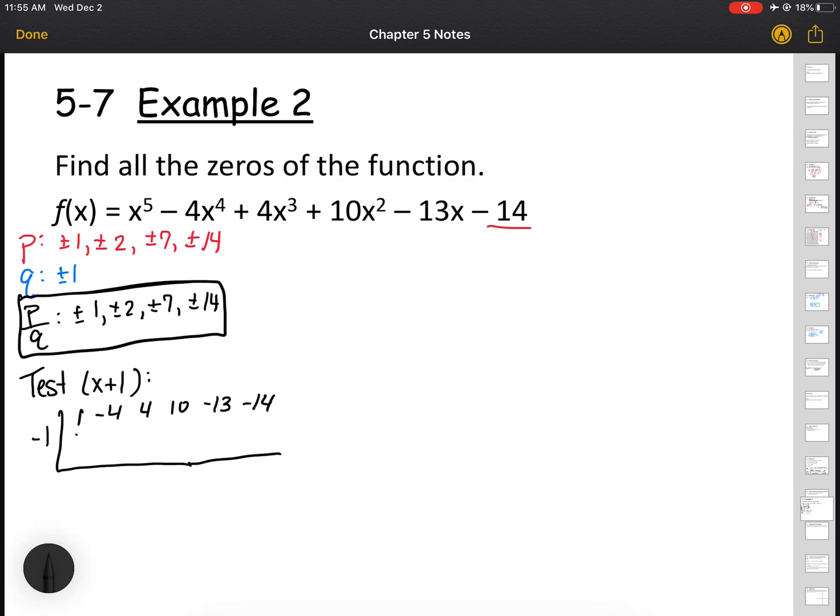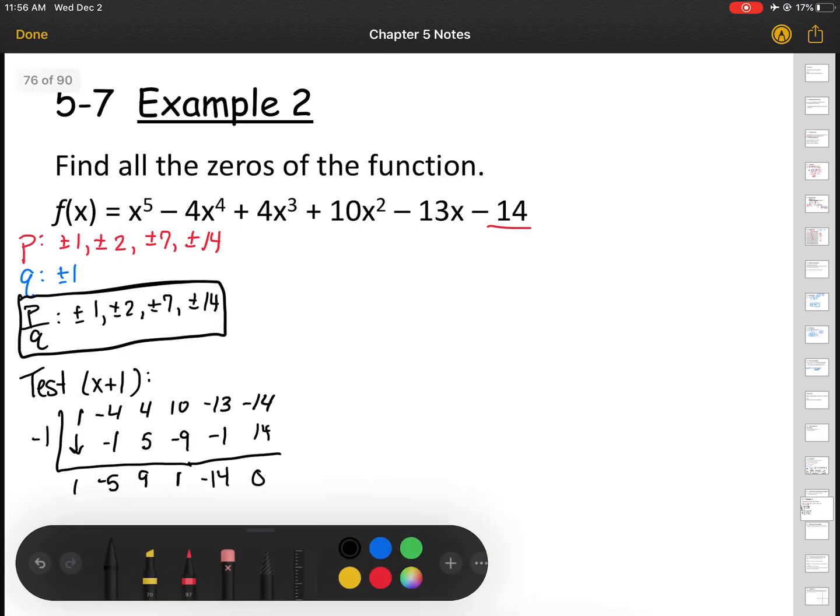Okay, so I'm going to drop down the 1. I got -1 here, -4 plus -1 is -5, and when I multiply, it gets positive 5, which makes 9, and here's -9, makes positive 1. 1 times -1 is -1 here, and -13 minus 1 more is -14, and that makes positive 14, which makes 0.